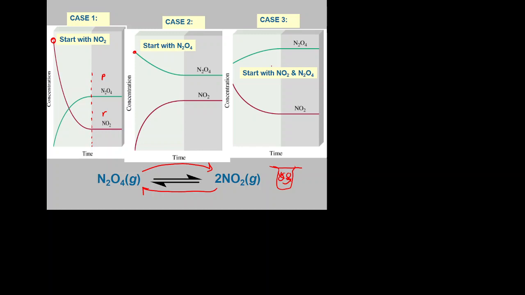So the reactant starts decreasing, not too much, and starts becoming constant, and the product starts increasing and becomes constant. If you want to know why sometimes it starts higher or lower, it depends on the question. Sometimes they will tell you N2O4 is higher, so it will start higher than NO2.